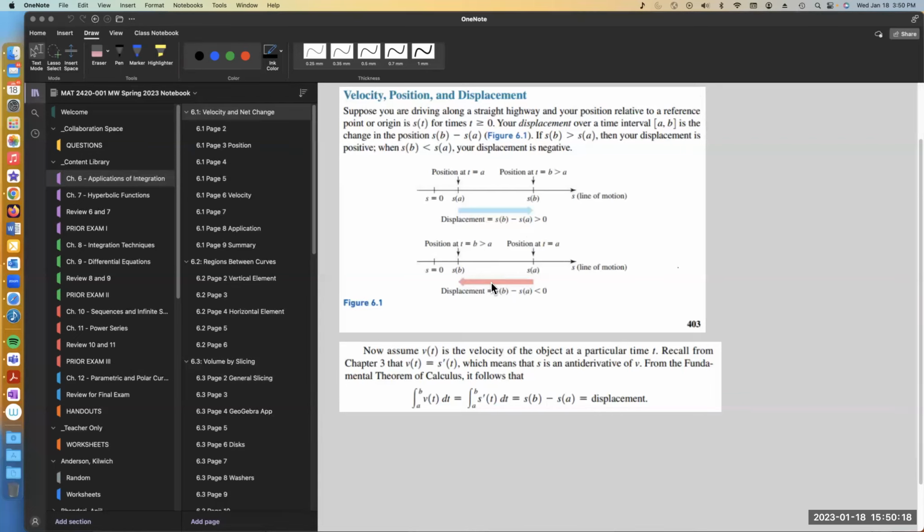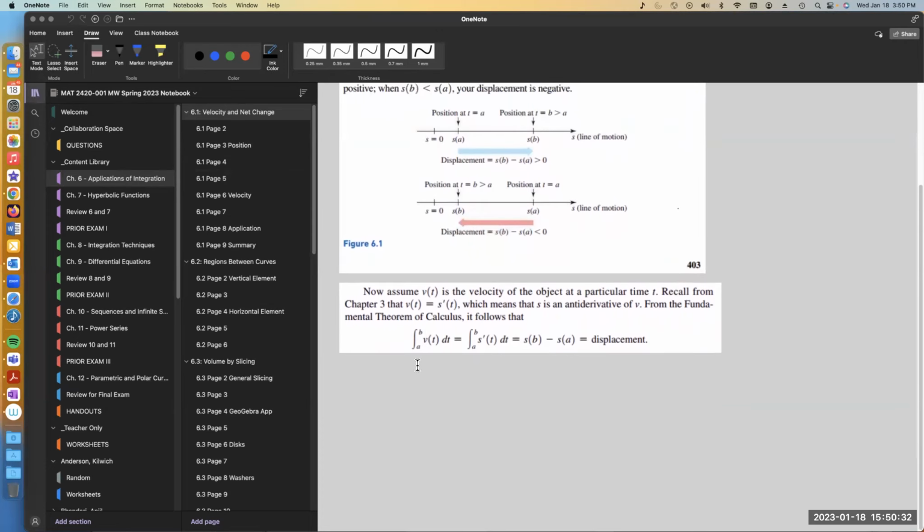Okay. Now we already have a very convenient mathematical symbol that you learned in Calc 1 that gives us S of B minus S of A. And that convenient symbol is the definite integral. And so here's a fact that we would need to know.